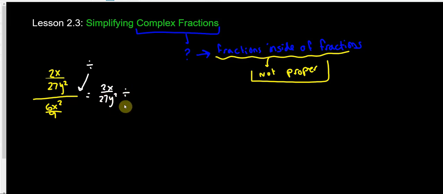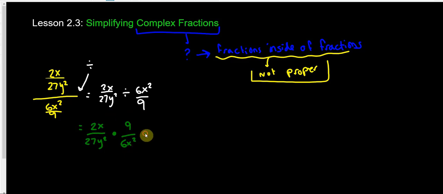If I treated that big fraction bar as a division and wrote it this way, you would say, oh, let's make this division into multiplying by the reciprocal, by the flip, because that's a trick we've already discussed, where you leave the first fraction alone and you say this second fraction, we can turn this into multiplying by the flip and flip it. Put the 9 on top and the 6x squared on the bottom.